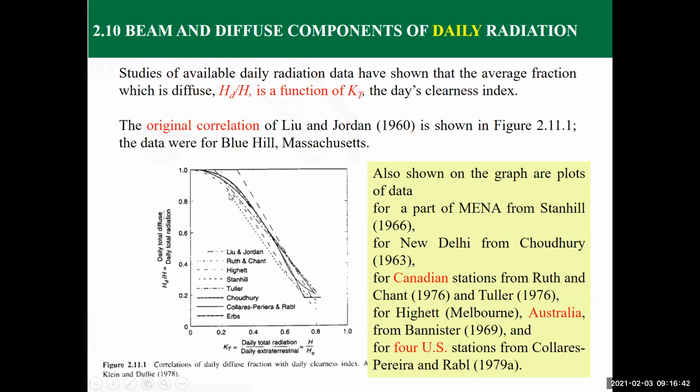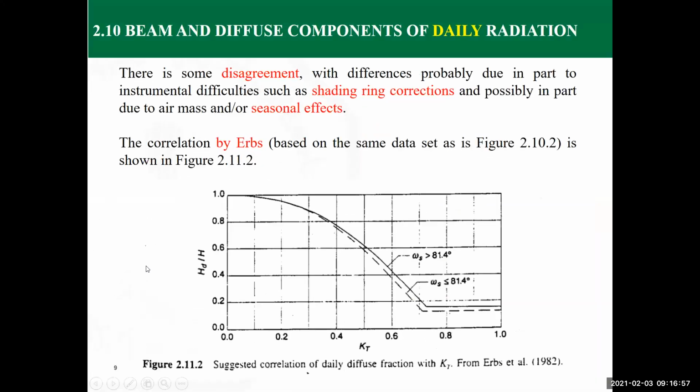So some values are being clustered all together so that we can see that, qualitatively speaking, we have the same trend or the same kind of relation between the ratio of Hd to H and its dependence on KT.